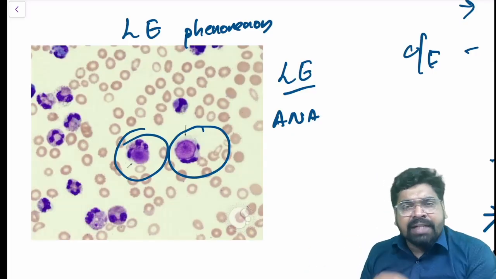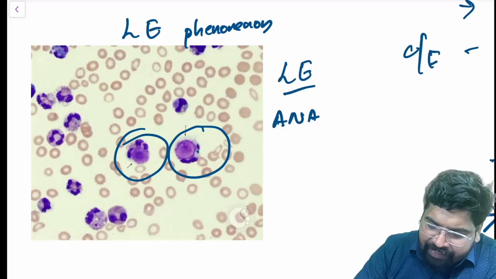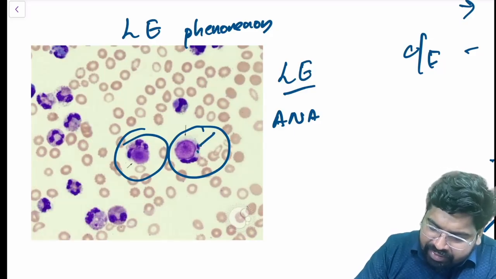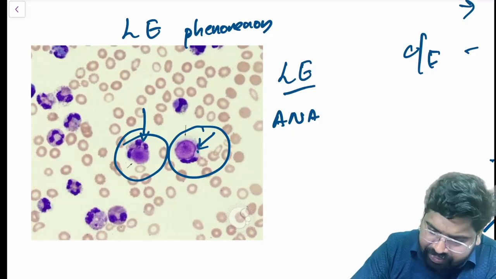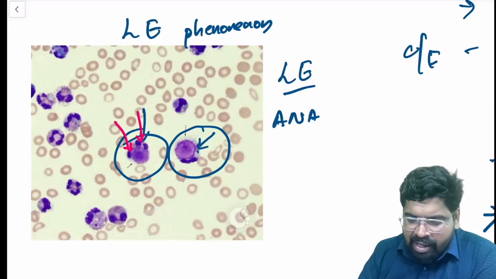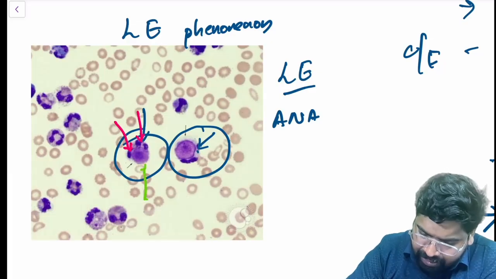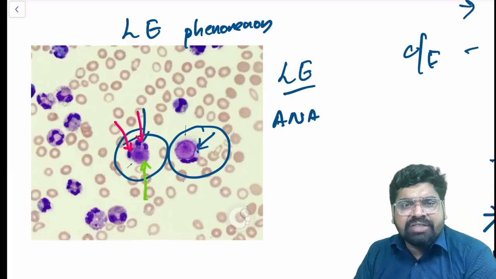are destroyed, and the other neutrophils will eat the destroyed nucleus. Can you see this here? These nuclei which I am marking in red are the original nucleus of that cell, but this which I am marking in green is a damaged nucleus which is eaten up by the cell.